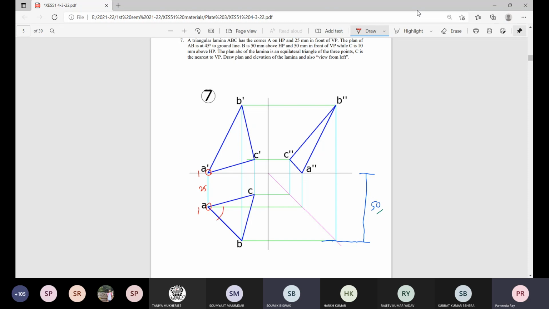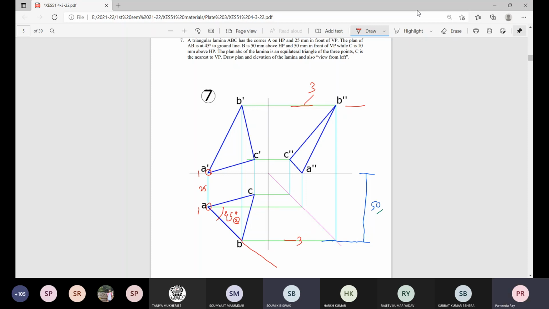So this is step 2. Okay. Then what about step 3? B is 50 millimeter above HP and 50 millimeter in front of VP. That is step 3. We know only this horizontal line.